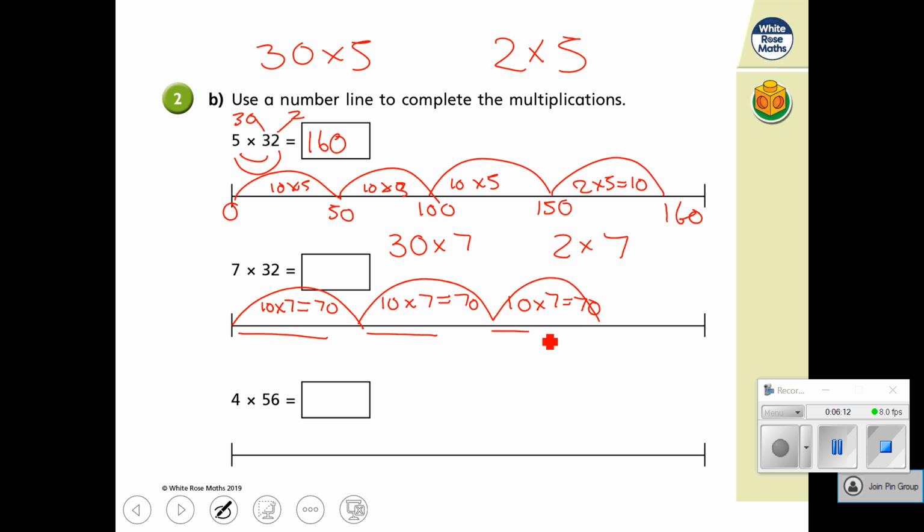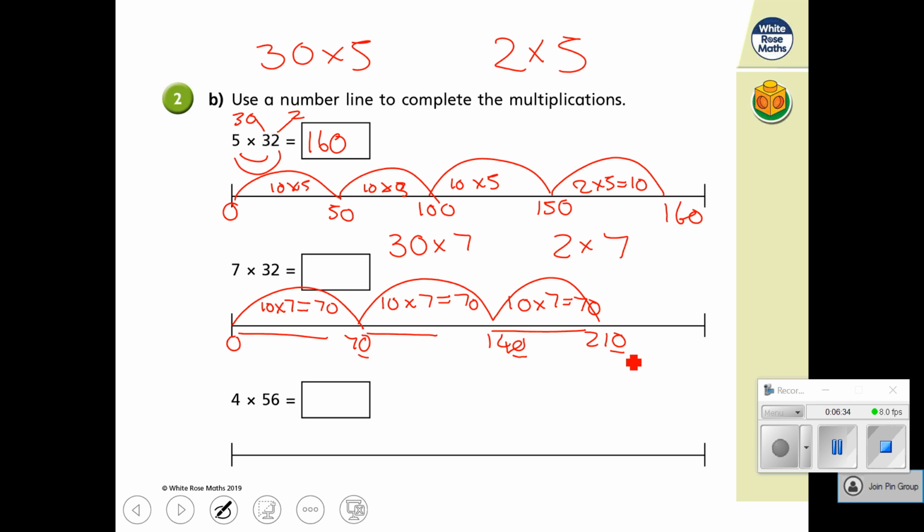1, 2, 3. So counting in 70s, we have 0, 70, 140, and 210, which, as you'll probably notice, is the same as counting in 7s, but multiplied by 10, because 70 is 10 times greater than 7.